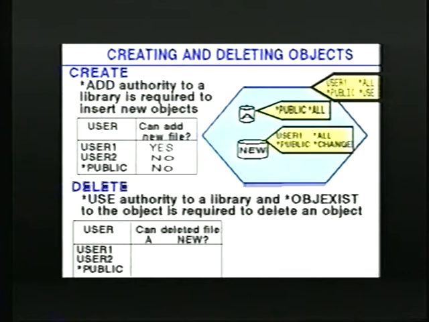First, looking at object A, we see the public authority is all. User 1 has all authority to the library, the public has use. What users can delete object A?